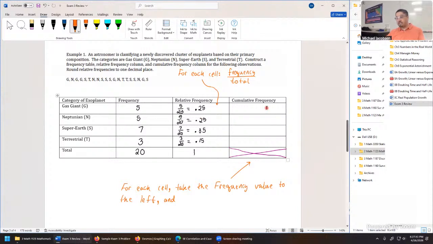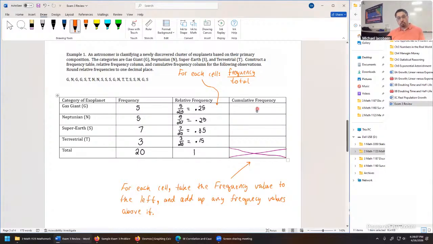So if I'm in this cell, I would be taking that value to the far left, 5, and add up any frequency values above it. So this is the process that was stated in the textbook and in the lecture notes.